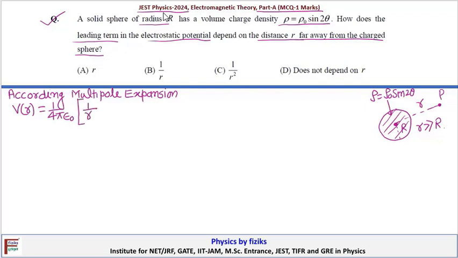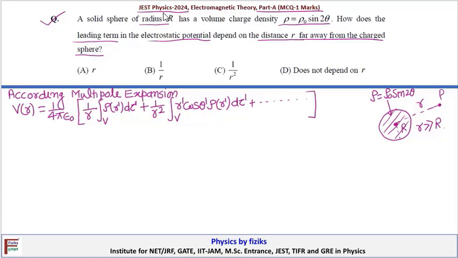We call this the monopole term, and this integral is rho of r dash d tau dash, where dash represents the position of the source charge and r represents the position of the field. The second term has dependence 1 by r square, and it is the integral of r dash cos theta dash rho of r dash d tau dash. Similarly, you have a third term, whose dependence is 1 by r cube, and so on.